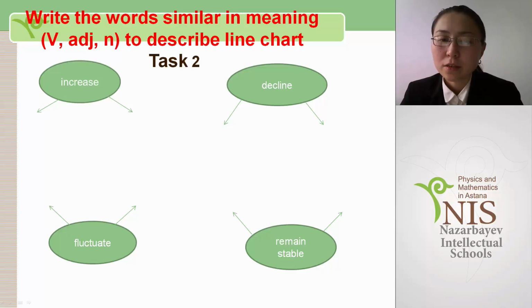They could be either verbs, adjectives, or nouns to describe the line chart, the main thing we're going to do today. So we have here 4 circles. The first, increase, any verbs, adjectives, nouns to this one. The second, decline. The third one, fluctuate. And the fourth, remain.